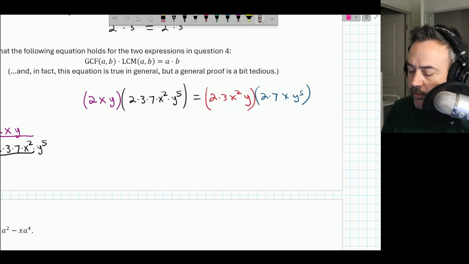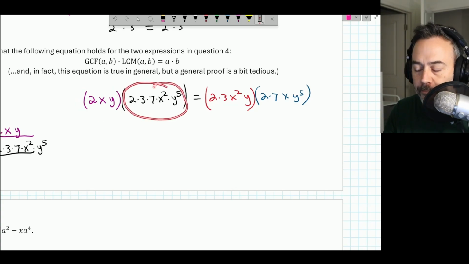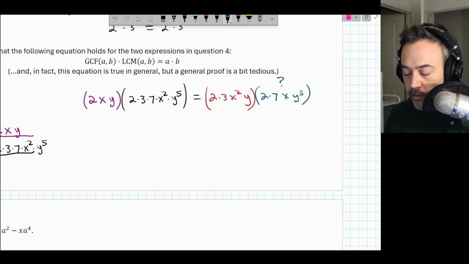Suppose you are given the GCF and the LCM, and you know one of the expressions, but you don't know the other expression. This looks like one that was on our MCA and on the homework. Let's say we don't know the blue one.